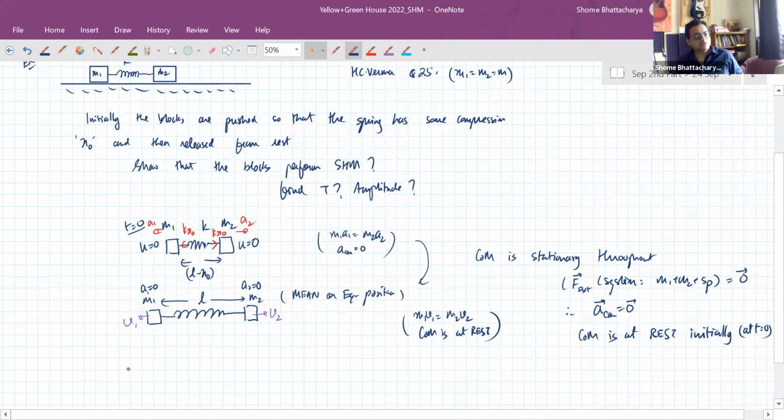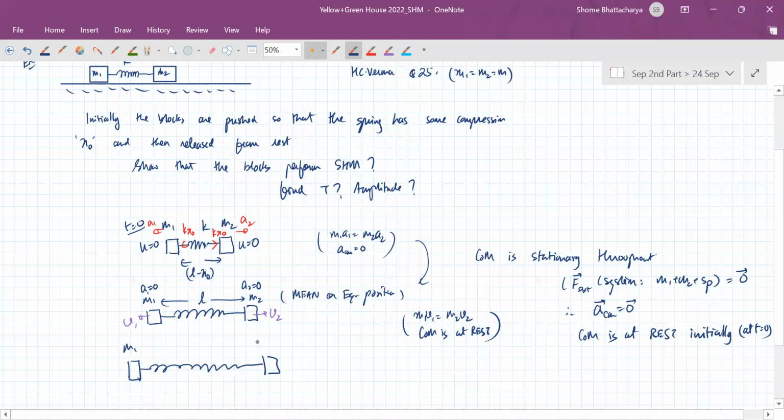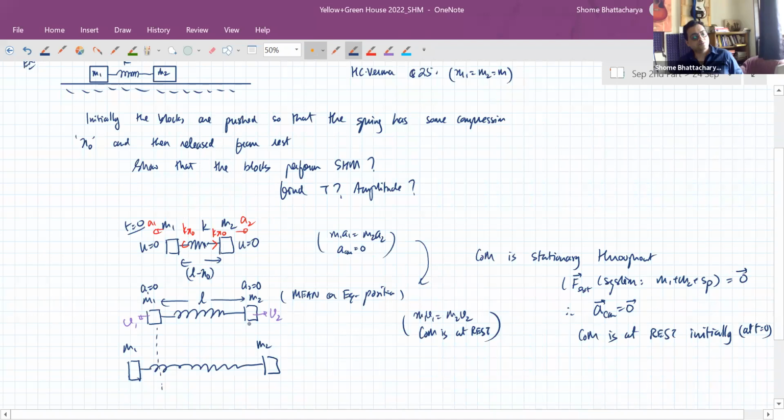Now let us assume that from this position it comes somewhere here where the spring has got elongated. From this position, we've reached a situation where this one has got displaced by x2 and this one has got displaced by x1 and the spring has got extended by x.